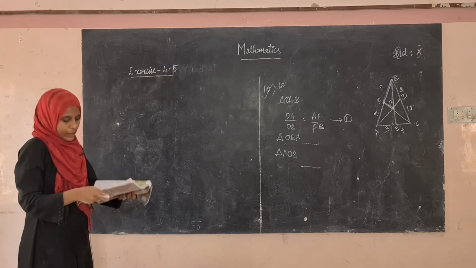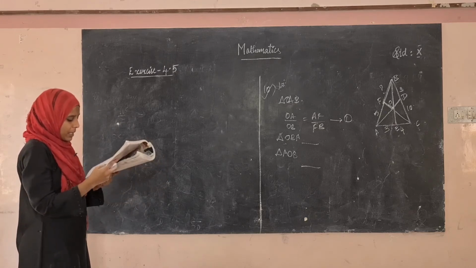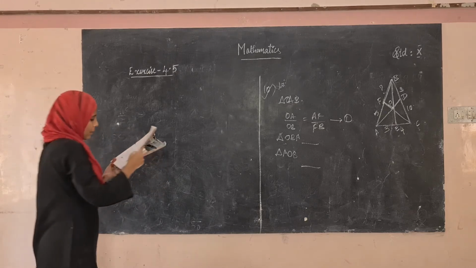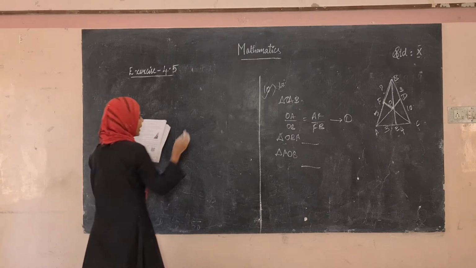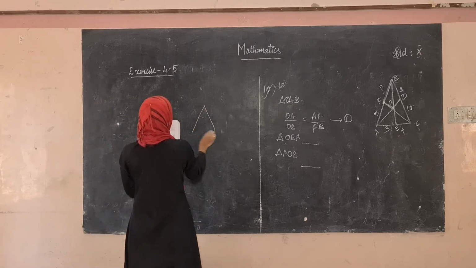See the first sum. In triangles ABC and DEF, AB divided by DE is equal to BC divided by FD. Then they are similar. What angle is equal?